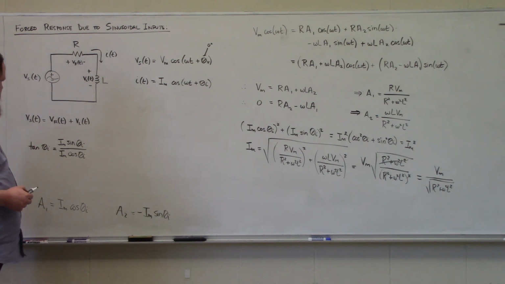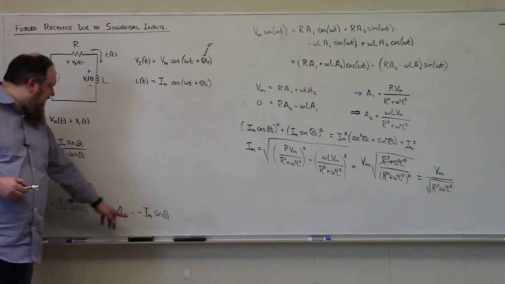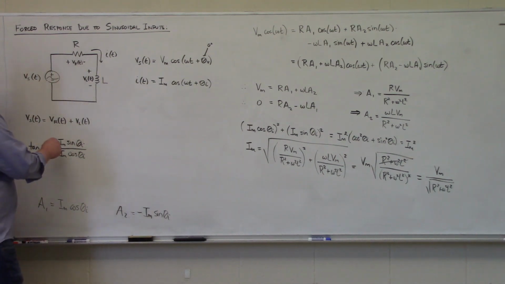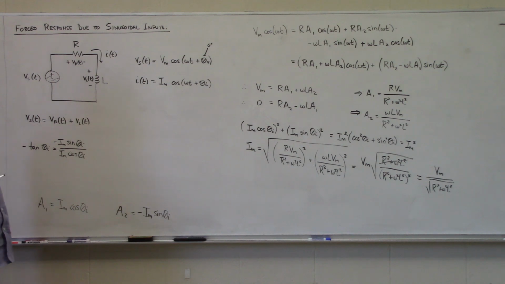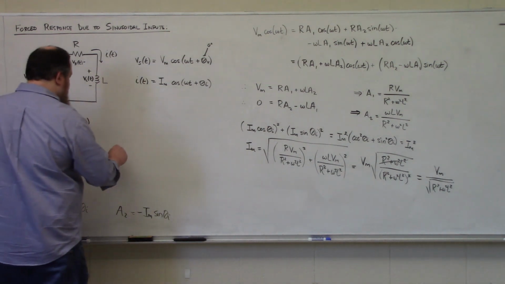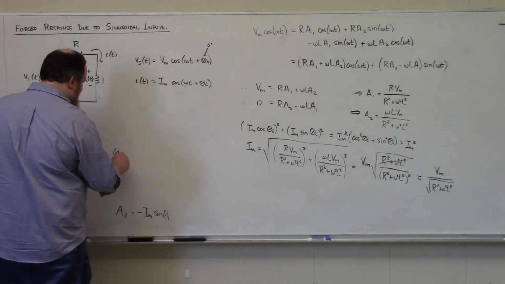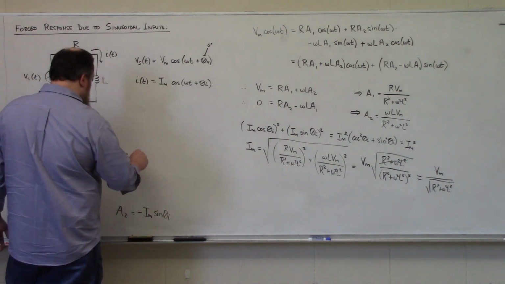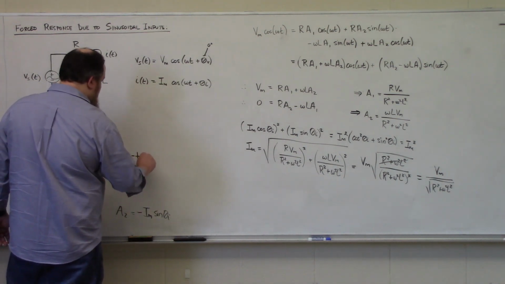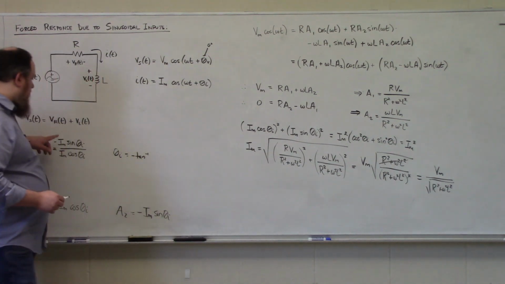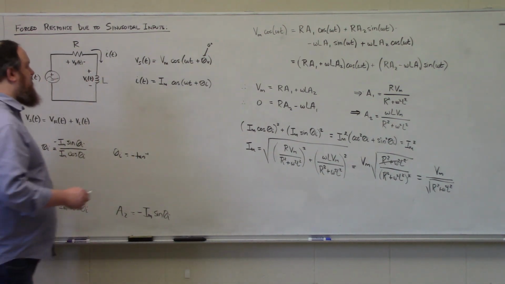And since we're expecting A2 to have a negative sign, if I put a negative sign here, it's the same as putting a negative sign here. So from this, we can see that theta I is equal to the negative inverse tangent of A2 divided by A1.